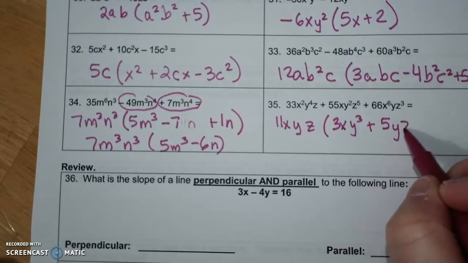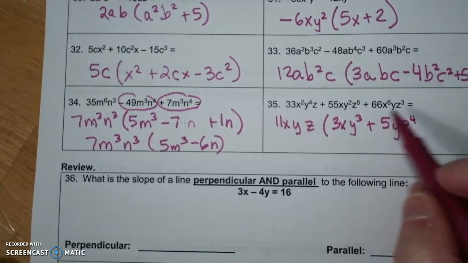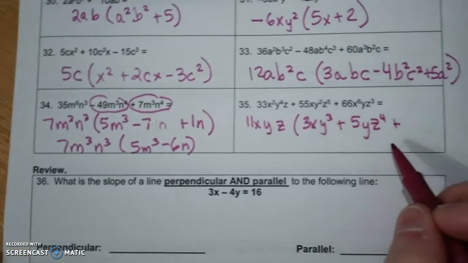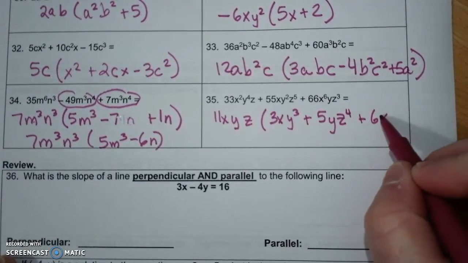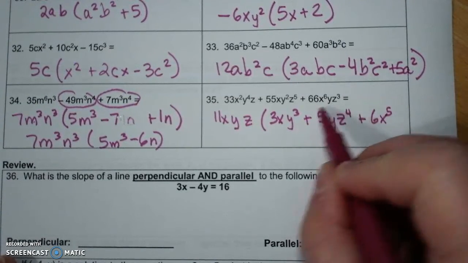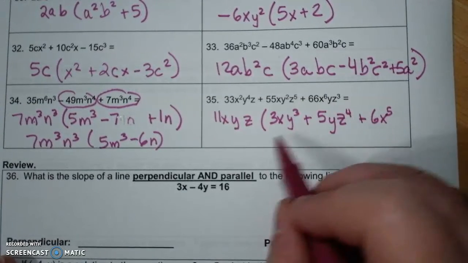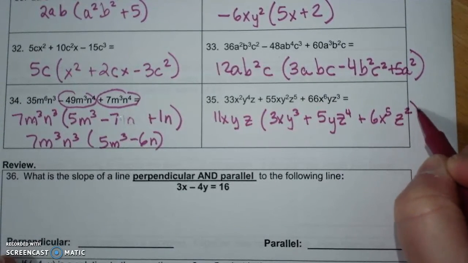Z to the 5th means z4, because I took 1 out. Plus 6, x to the 6th, there's an x, x to the 5th. Y came out, z cubed, z squared.